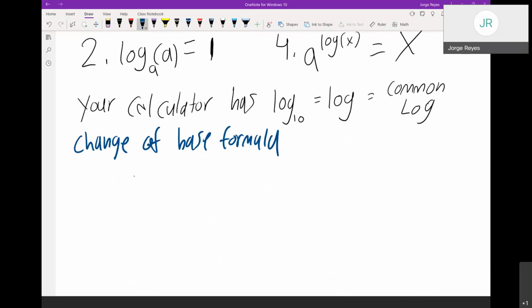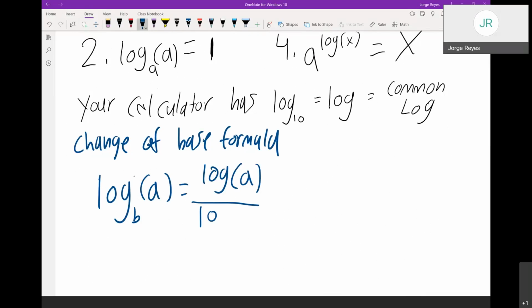The change of base formula is you have log of a base and a number, and it's equal to log base 10, so I'm not going to put the 10, of A over log base B. And just for extra purposes, technically I can make this base any base I want. If I wanted to swap it up, I could.